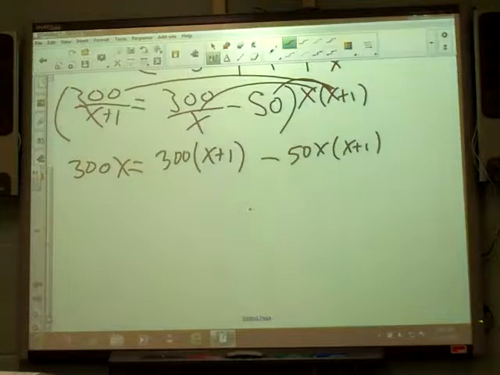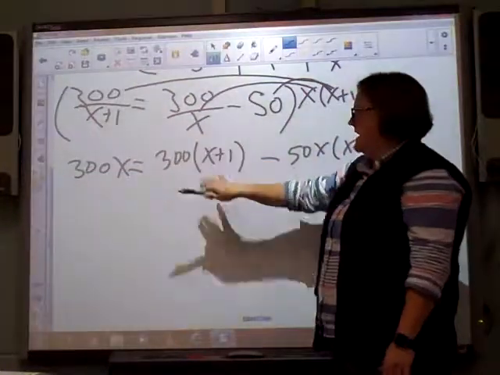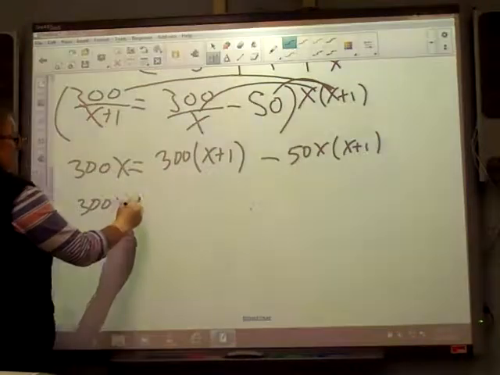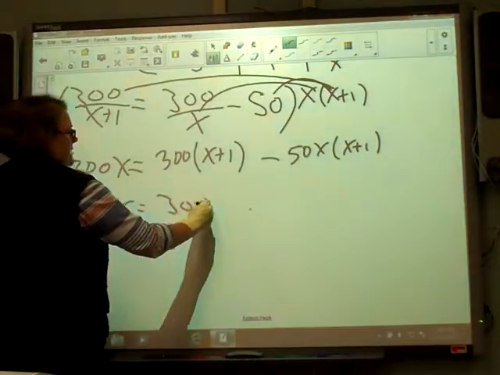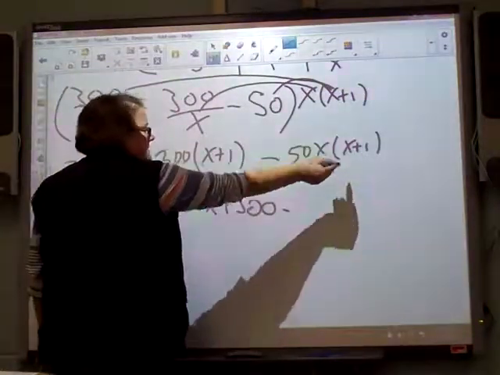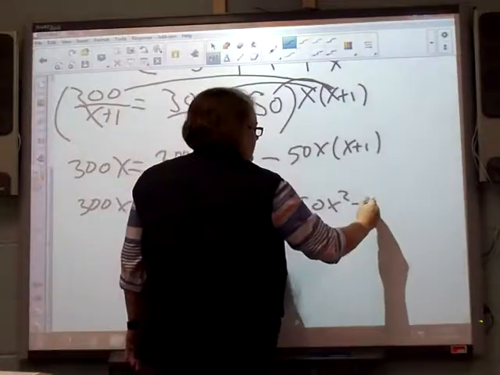A few more steps involved on this one. Let's start distributing. First period, want to know, couldn't you already distribute that? Yeah, you could have written that already distributed. That would have been great. 300x equals 300x plus 300 minus 50x squared minus 50x.